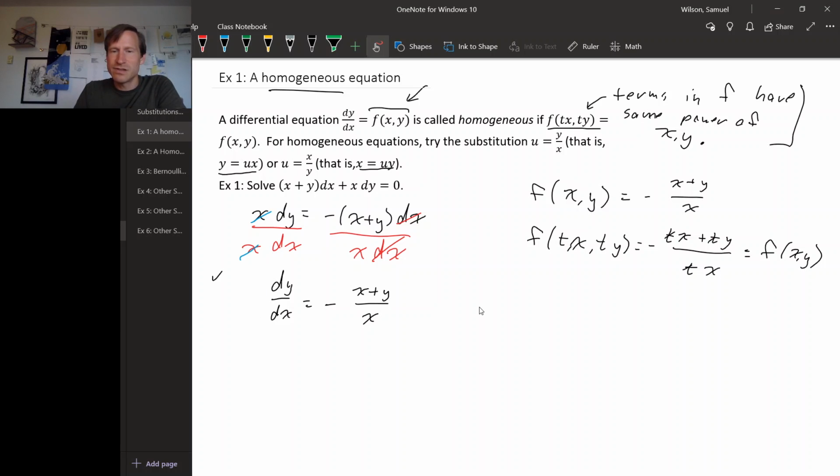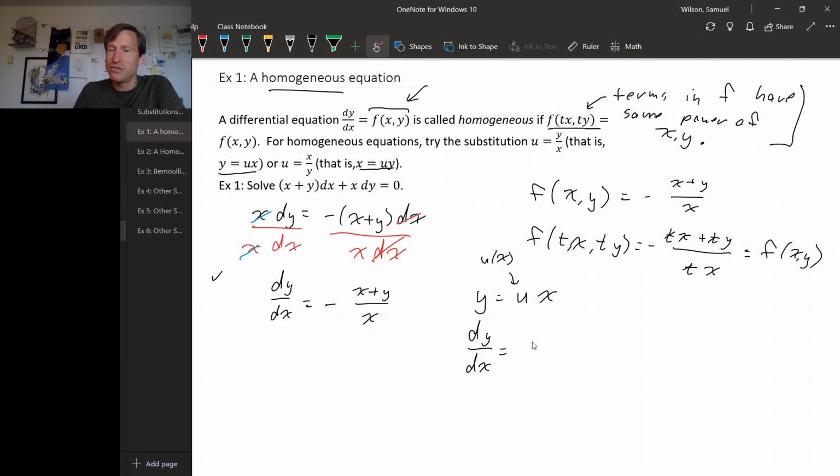So let's do the substitution y equals u times x. So u is, remember, secretly an unknown function of x. So to do this substitution, we have to figure out what dy dx is. So we have to differentiate this with respect to x.